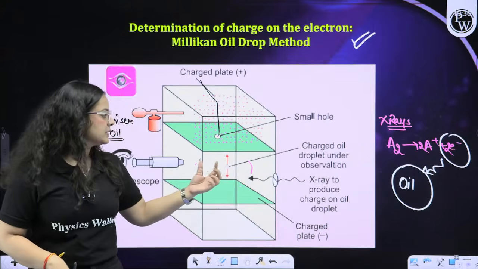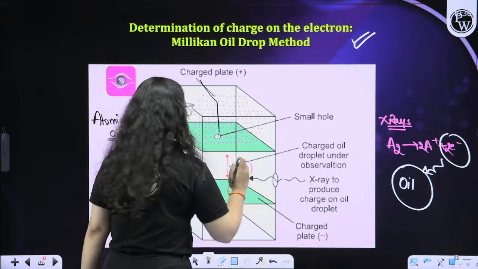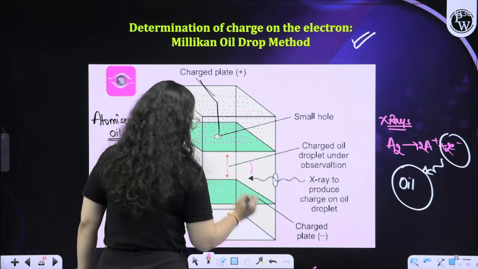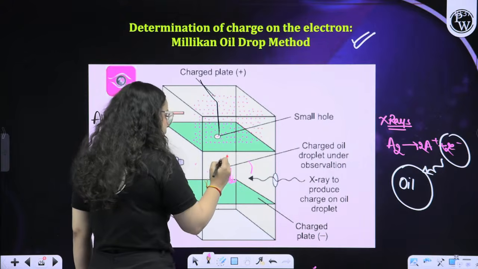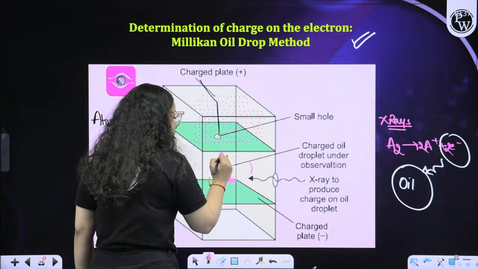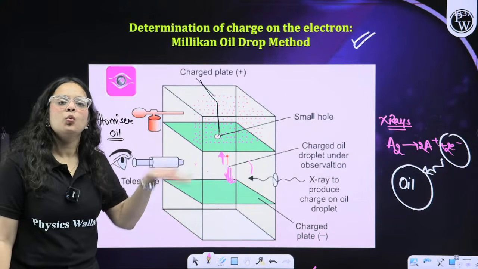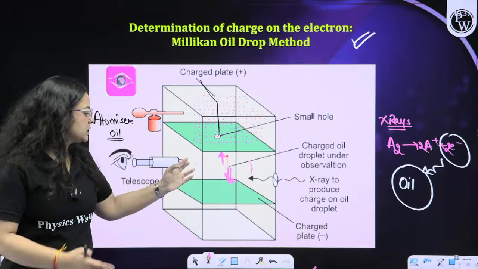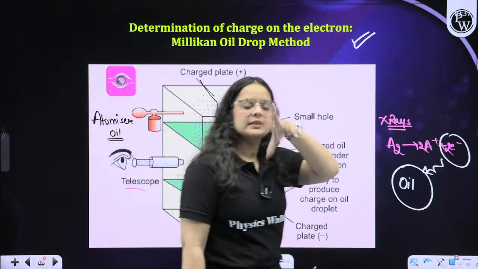So a negative charge develops on the oil. Now two types of forces arise. One is the force due to gravity, which pulls it downward. The other is the electrostatic attraction from the positively charged plate, which moves it upward. This is observed through the telescope, and accordingly the rate of flow is calculated.